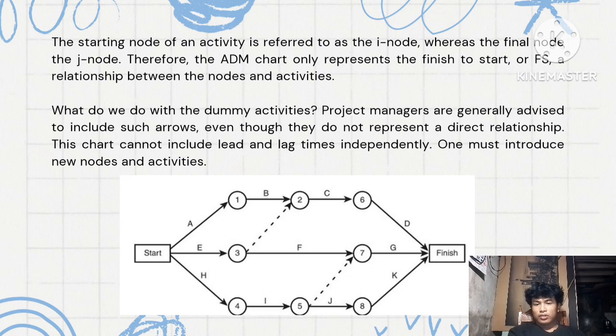The starting node of an activity is referred to as the I node, whereas the ending node is the J node. Therefore, the ADM chart only represents the finish to start, or FS, relationship between the nodes and activities.